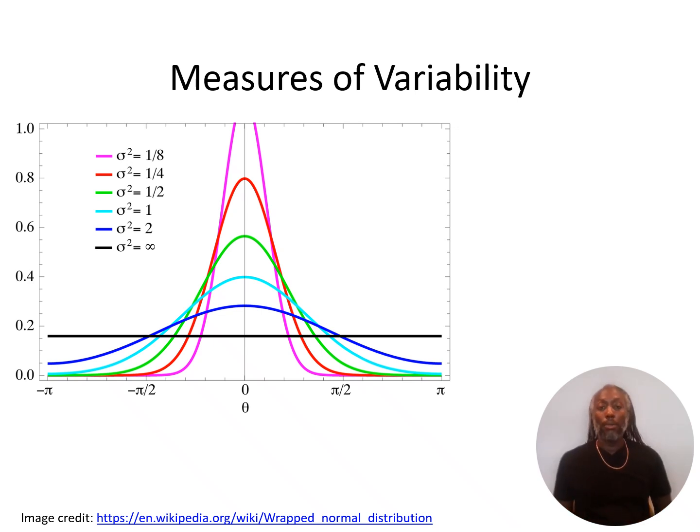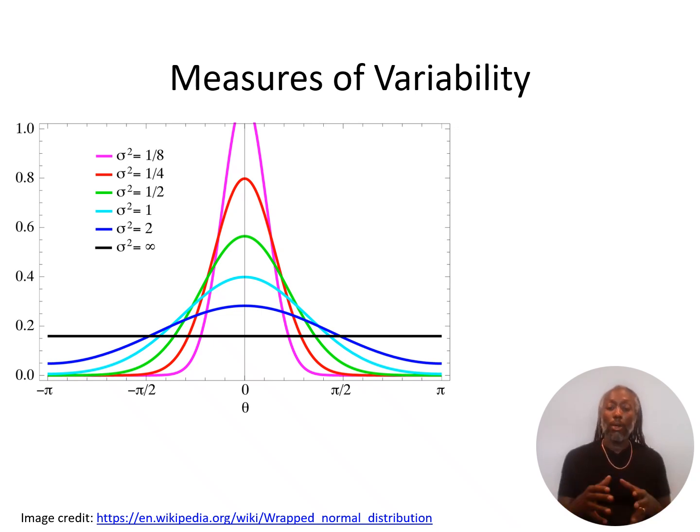So to summarize, we can describe our data using a measure of central tendency to tell us where the center of our data are, how we could balance those data if they existed on some beam. But the measure of central tendency alone is not enough. You can have an infinite number of samples that have the same central tendency, but different variability.